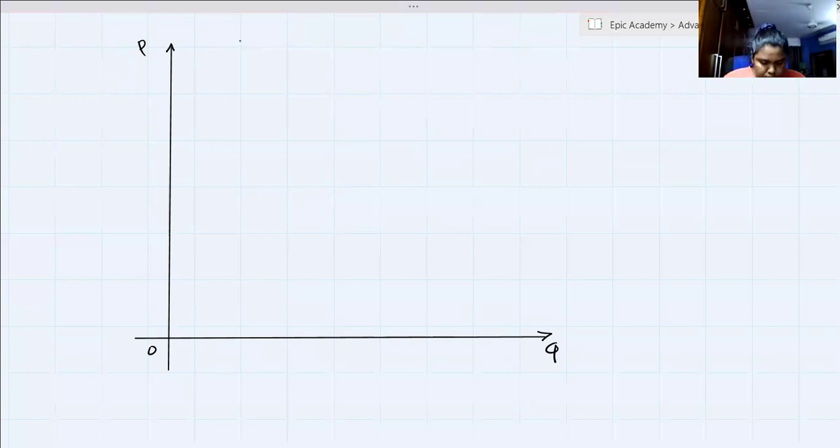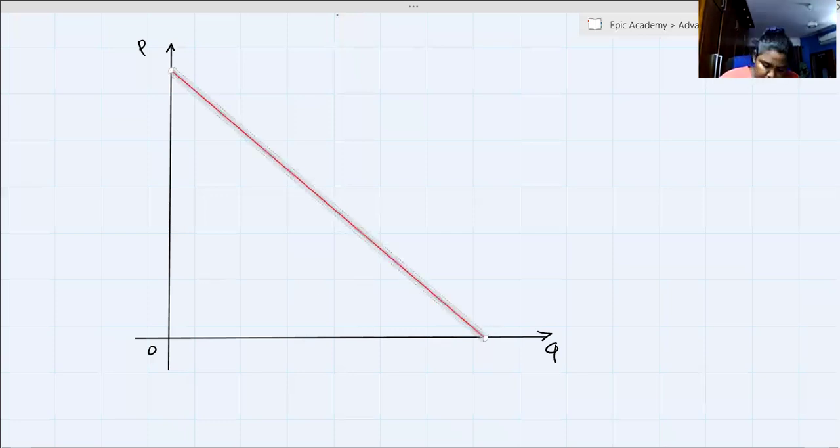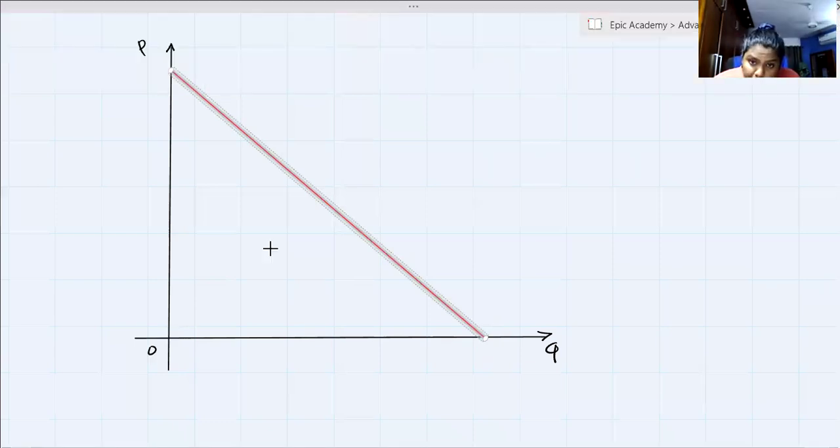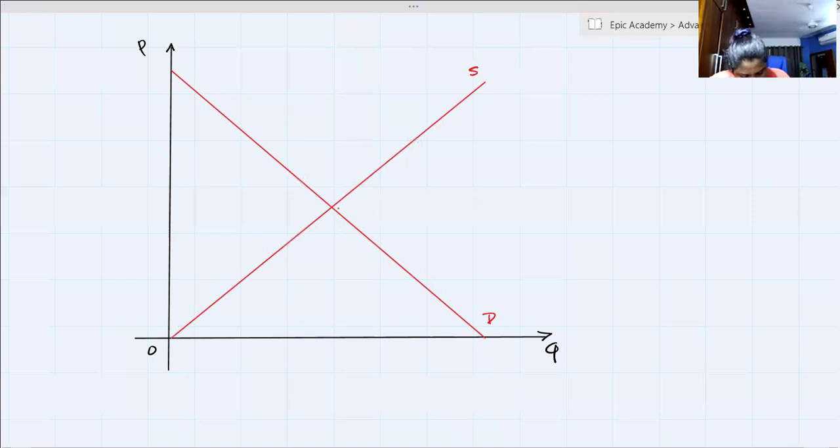I will put two curves. This is the demand curve, and this is the supply curve. This is demand and this is supply, and this is equilibrium.